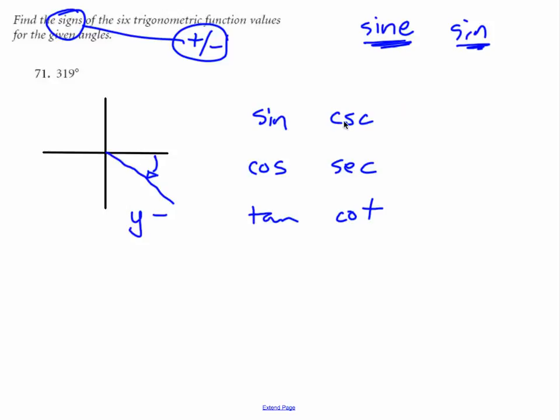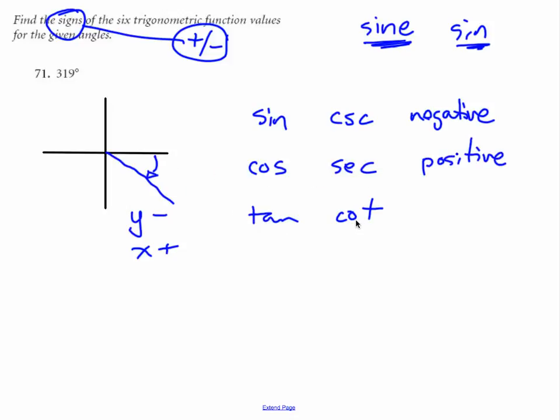So both of these, sine and cosecant, will both be negative. Now cos, in this quadrant here, it's to the right, and cos and x go together. X is positive because it's to the right, so both cos and secant will both be positive.